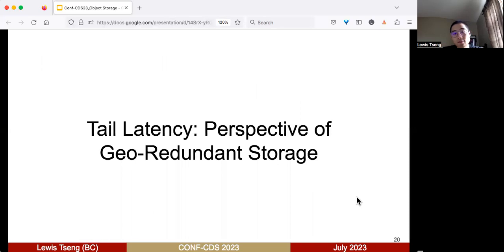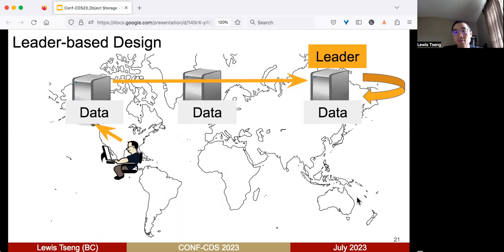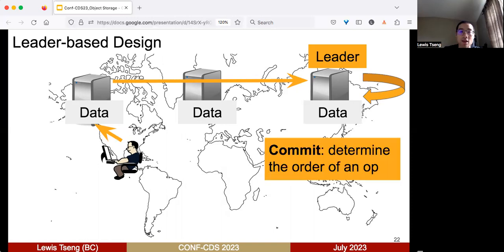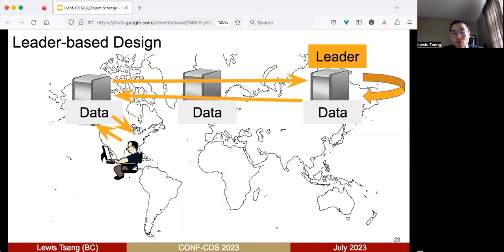Then in terms of geo-redundant storage, what matters? Many real systems use a leader-based design. Your client accesses the data at the closest data center, it needs to go to a leader and run some protocol, then commit the operation, meaning the leader determines the order of the operations, and then gets back to the client.